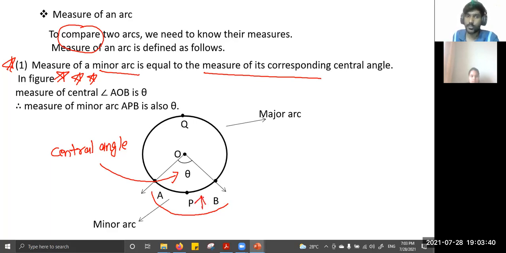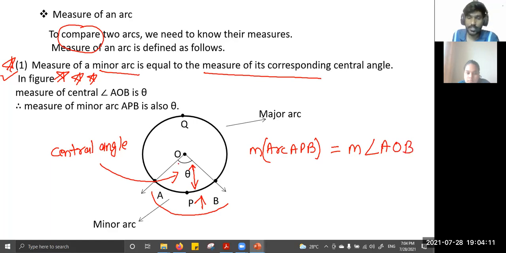This first statement says that the measure of the central angle and the measure of the corresponding arc are equal. That means measure of arc APB will be equal to measure of angle AOB.